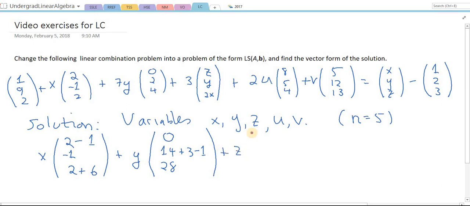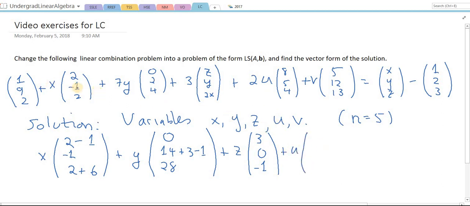Let's look next for z's. All right, z. No z's here, no z's here, no z's here. 3z here. And then there's no other z's here. No z's here, no z's here. There's a z in the bottom that's on the right-hand side. Pull it over, gives me a minus 1. And then there aren't any z's here, so we just put a 0. Okay, then I get u's.